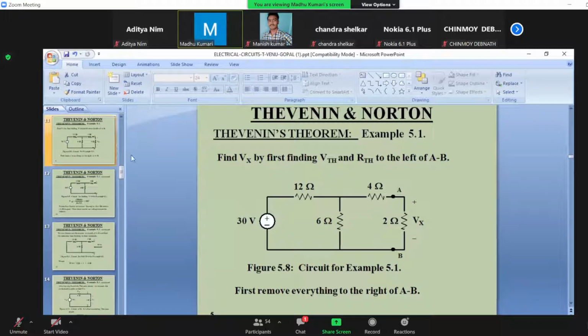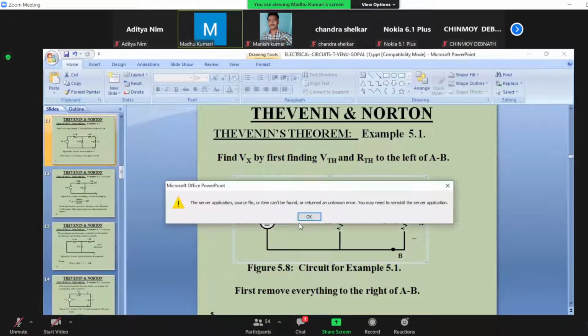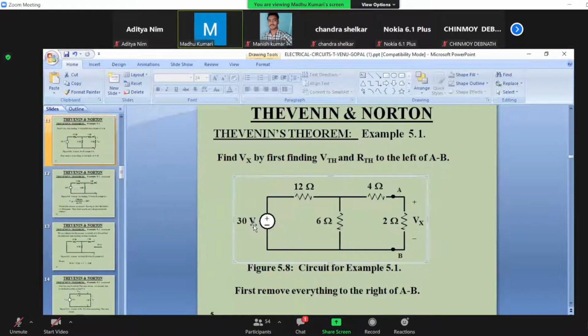First of all, remove the 2 ohm resistance from A to B. Now short-circuit the voltage source. What will be the equivalent resistance? Tell me. 8. 8 ohm resistance.